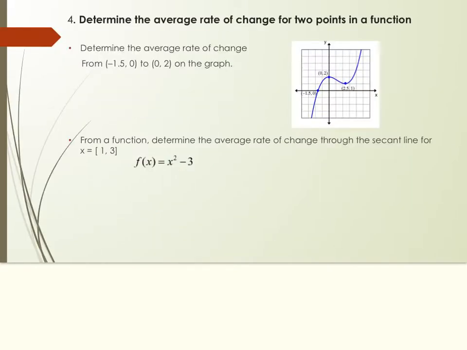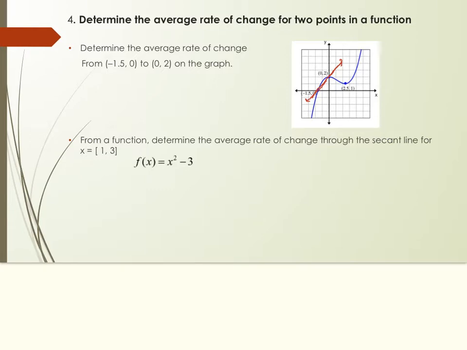So sometimes we will have a function and we're trying to find the rate of change between 2 points on a function. So in our first case, we have determined the average rate of change from negative 1.5, 0 to 2, 0 on the graph. And we have those already pointed out. What we're looking at is the secant line that goes through this point right here, and the average rate of change is the slope of that line.